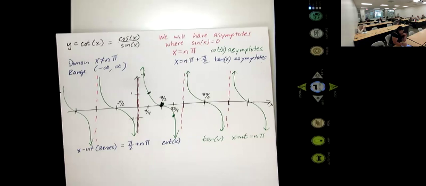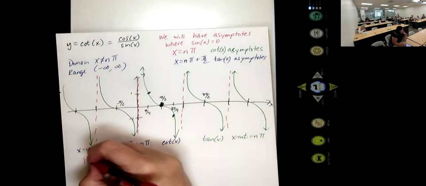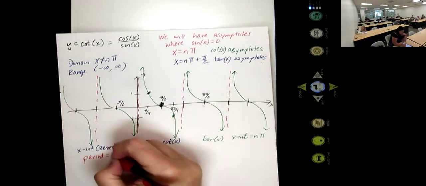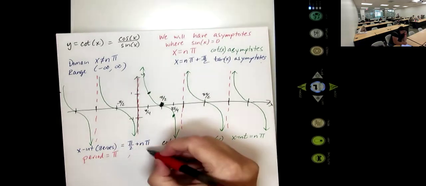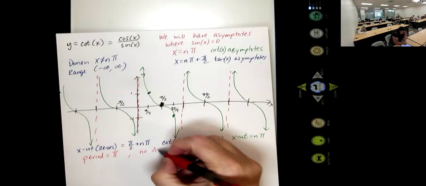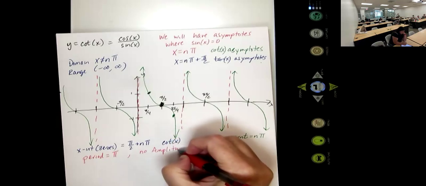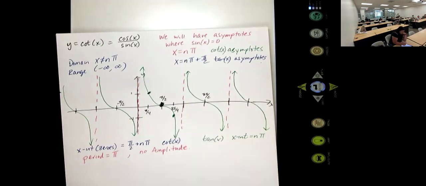Period here is again pi. Again, there's no max and no min, so there's no amplitude. It doesn't follow a wave-like form like sine and cosine do.